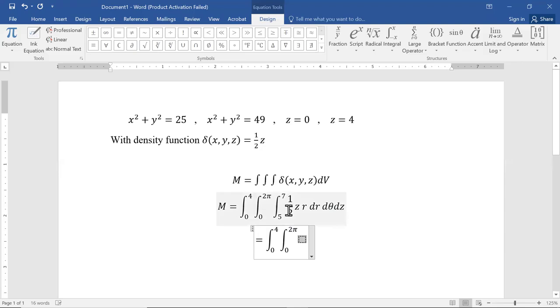When I integrate 1/2 r from 5 to 7 with respect to r, I end up getting a 6. So I get 6z d theta dz. When I integrate with respect to theta, the z is a constant, so I just end up multiplying by 2 pi.